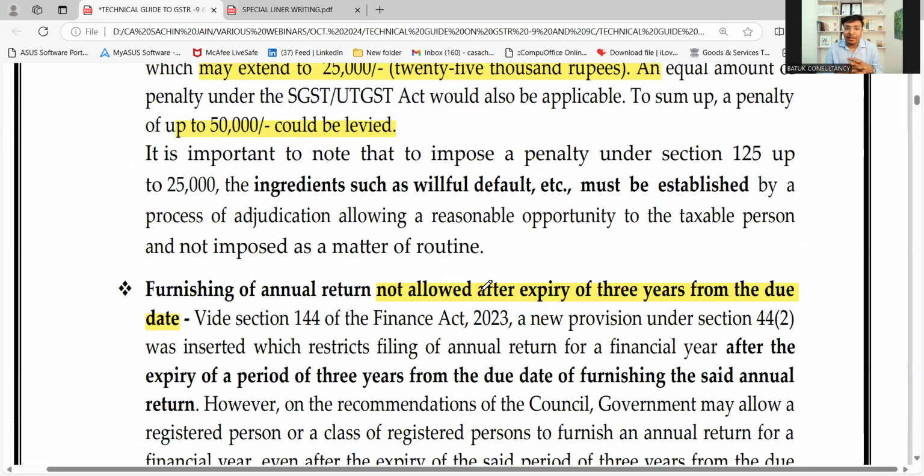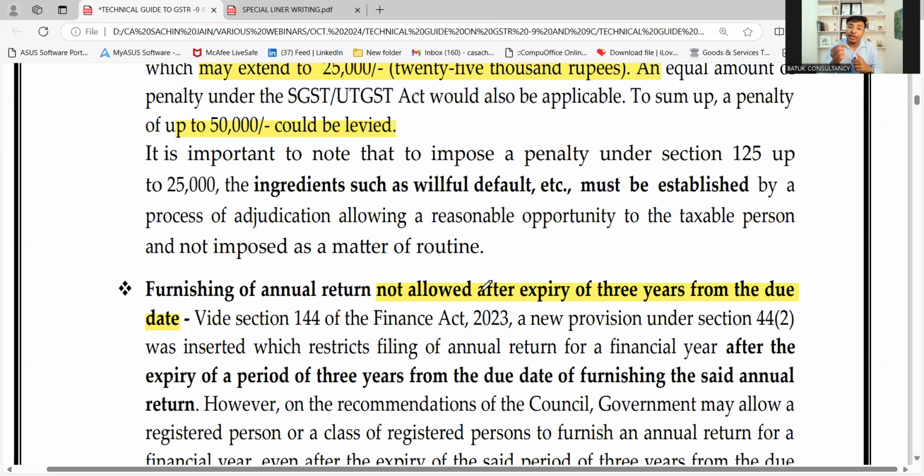Also, as we all know, there is a specific provision under GST for the general penalty under section 125 of the CGST Act. Suppose the taxpayer has filed the GSTR 9 return in a wrong way, the data is mentioned completely wrong, not presented in a proper way.